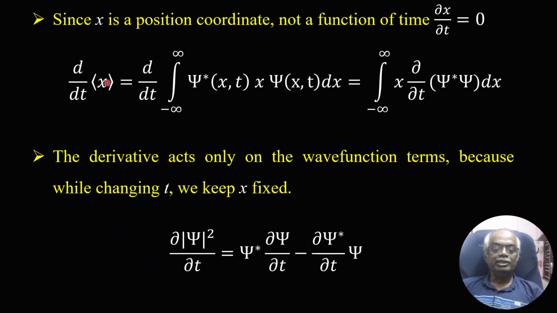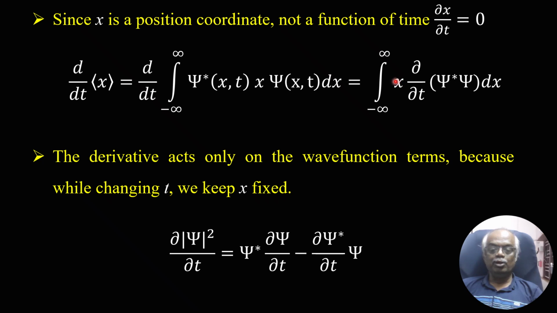Then you take the expression we have just seen. The time derivative of the expectation value of x is equal to the time derivative of this integral. So when you take the time derivative inside, this is a full time derivative, it will naturally become a partial derivative because psi not only depends on time, it depends also on x, and x is independent of time.